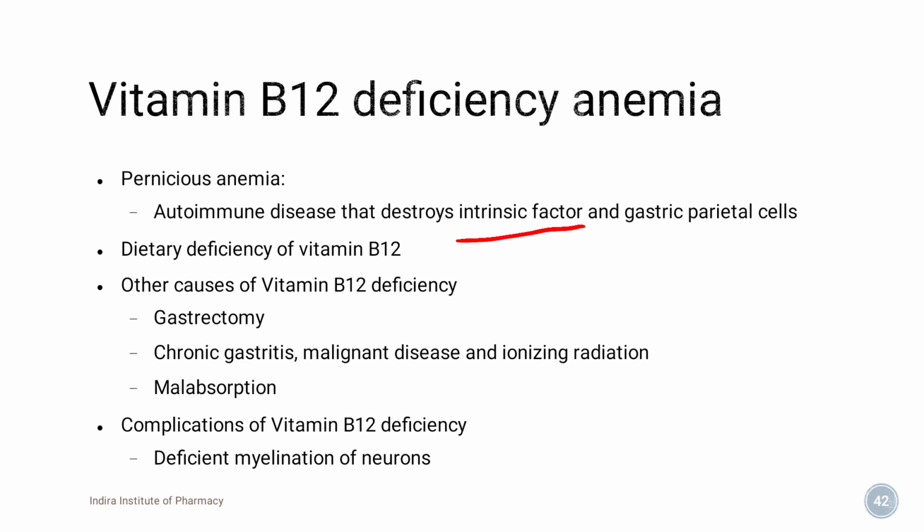Other causes of vitamin B12 deficiency can be gastrectomy, chronic gastritis or malignant disease, ionizing radiations, malabsorption of vitamin B12 and other complications. That can lead to vitamin B12 deficiency.